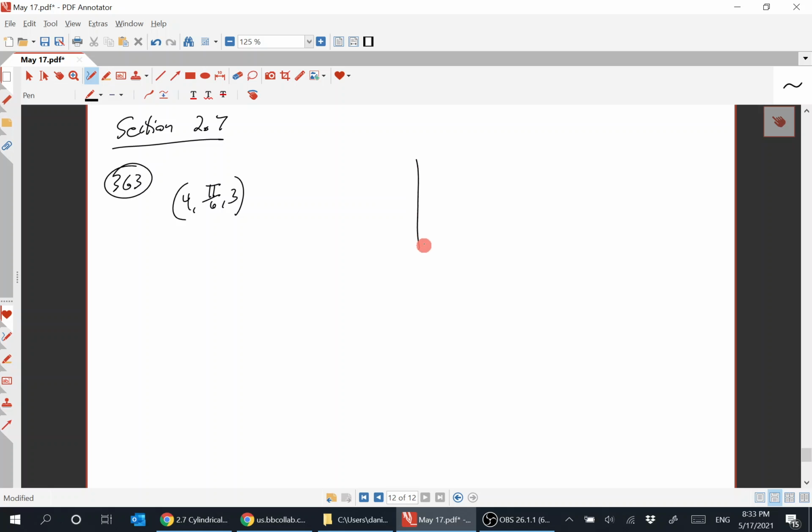All right, so again, the cylindrical coordinates. Okay, so this is the point r theta, and then you just put a 0 for z. And then if this length here is z, then this is the point r theta z.